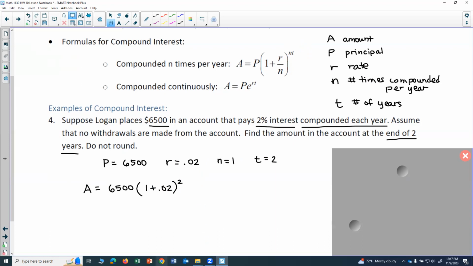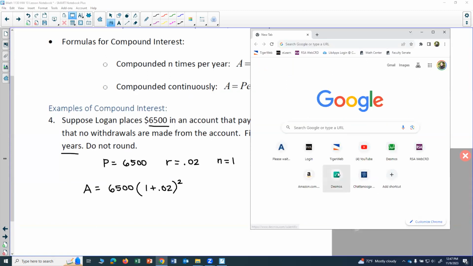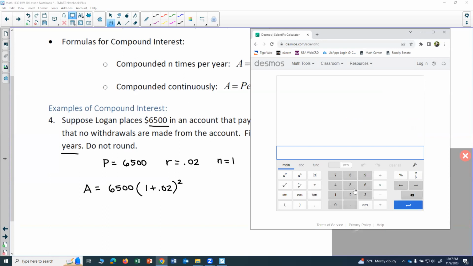So now I have to put that into the calculator. Let me pull up my Desmos calculator real quick. So I'll have 6,500(1.02) raised to the second power. So the amount in the account, it's not a loan, it's his bank account, will be $6,762.60.